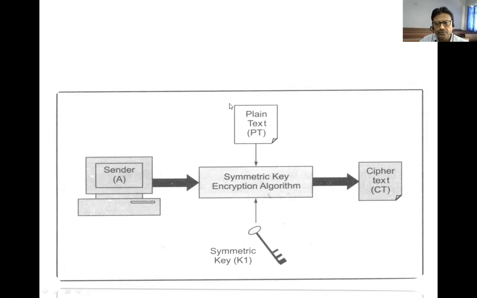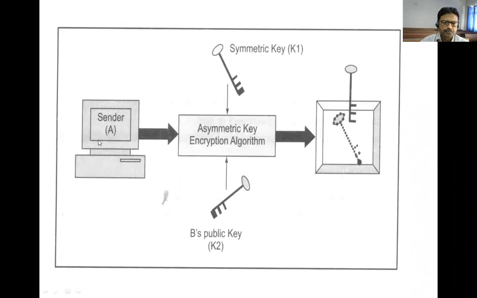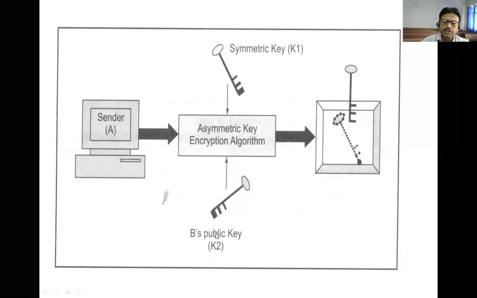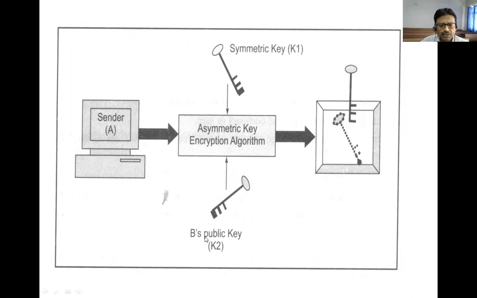So the idea of using the best of the two is to take the plain text and encrypt it with the help of a symmetric key encryption algorithm, to convert the plain text into ciphertext. And then this symmetric key, which we want to share with somebody else, is encrypted with the receiver's public key by using an asymmetric key algorithm.